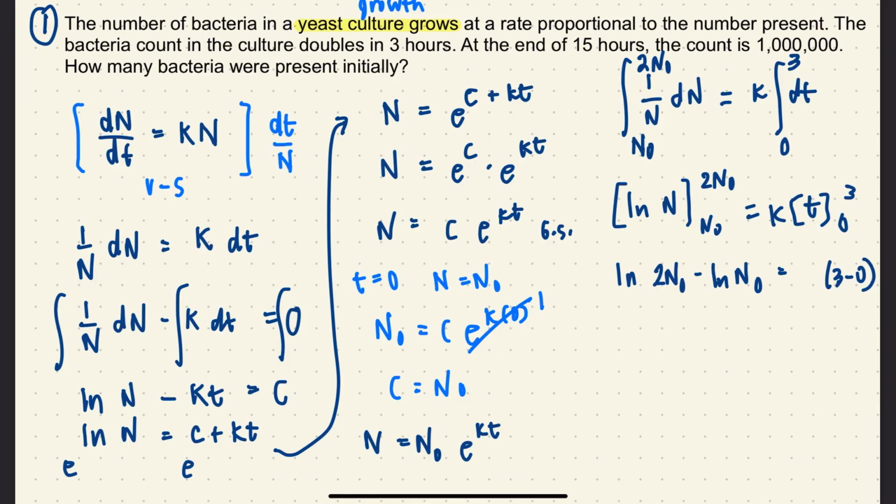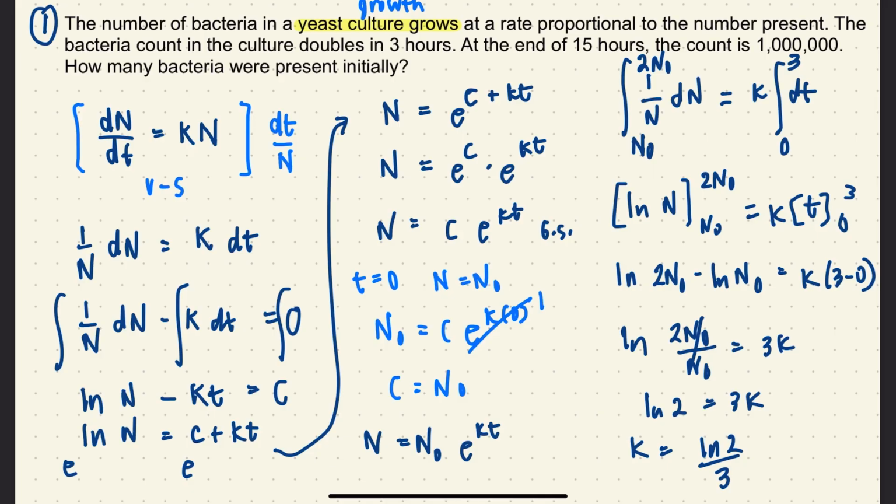From here, we can rewrite the ln as ln of 2N0 over N0 is equal to 3k. Cancel N0, you get ln 2 is equal to 3k. Therefore, your k is ln 2 over 3.